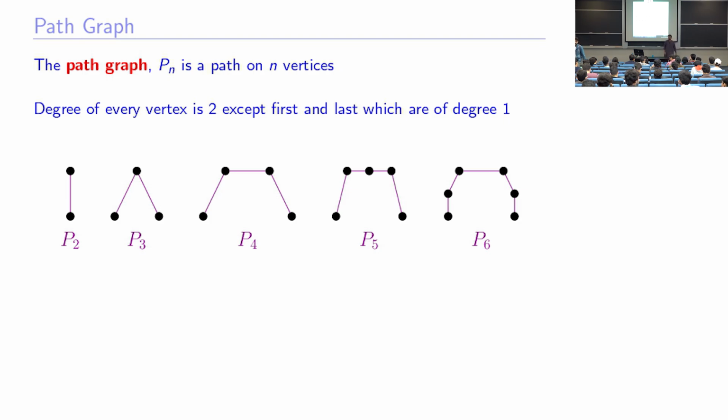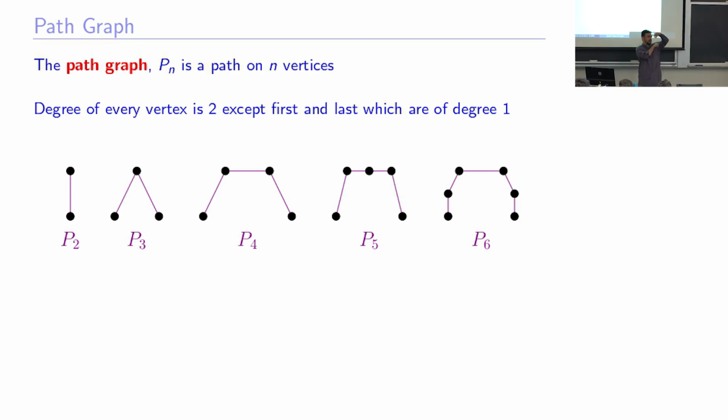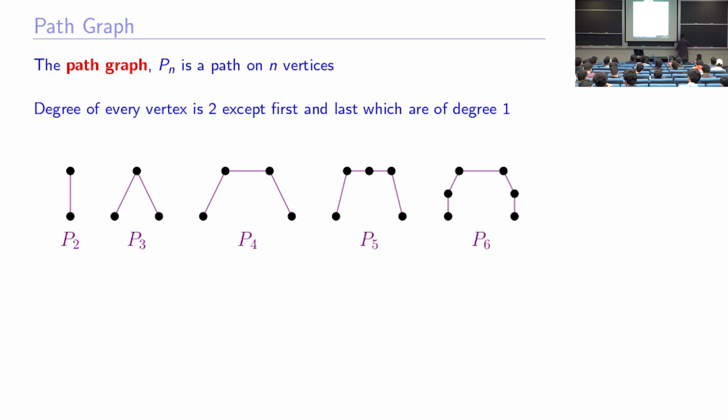So if I order them, the first vertex is the first row, the second vertex is the second row, and so on. So the first row will have the second index 1, right? The second row will have the first and the third index 1, right? So it will look like this. So the matrix will look like this.